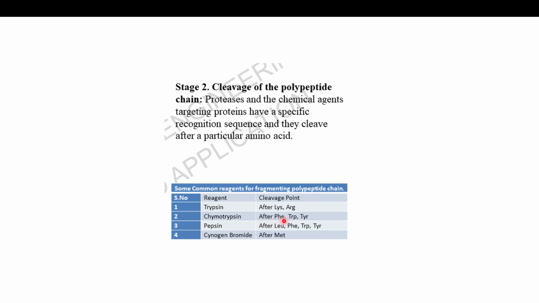Chymotrypsin cleaves after phenylalanine, tryptophan, and tyrosine residues, basically aromatic amino acid residues. Then pepsin can cleave the polypeptide chain after a leucine, phenylalanine, tryptophan, or tyrosine residue. And there's the reagent cyanogen bromide, which cleaves after methionine. Okay.